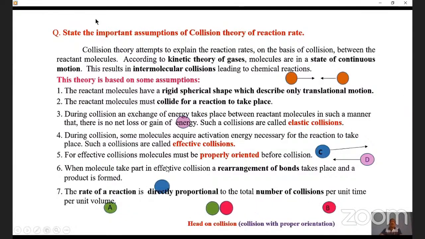In a container, whatever the total number of gas molecules, the kinetic energy of all the gas molecules is not the same. Some gas molecules have very low kinetic energy, and some have very high kinetic energy.